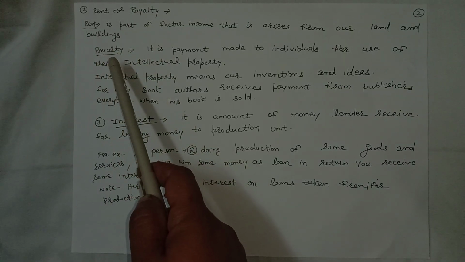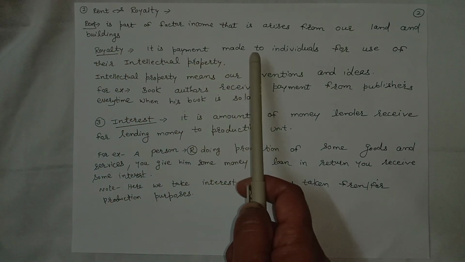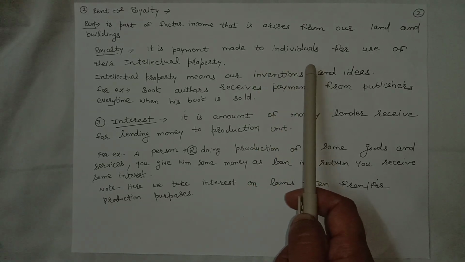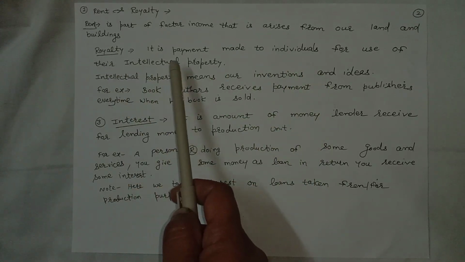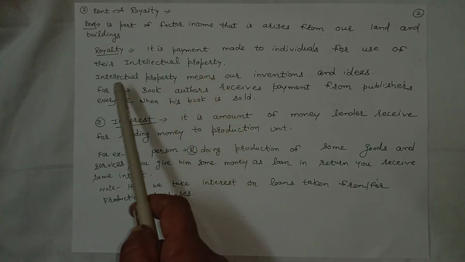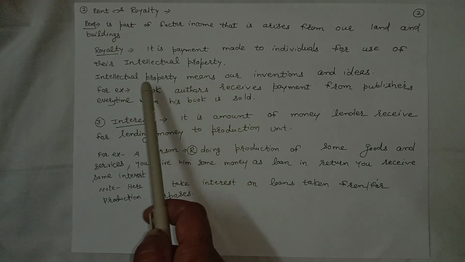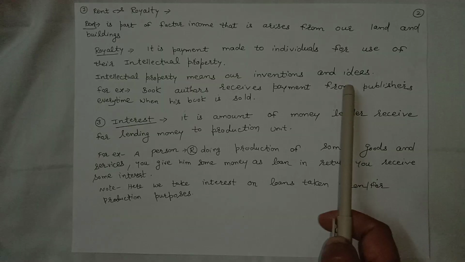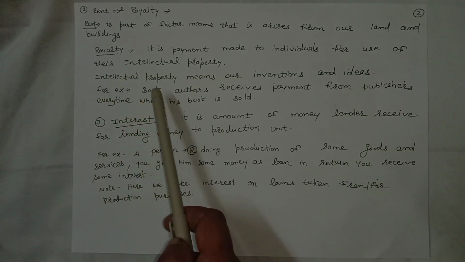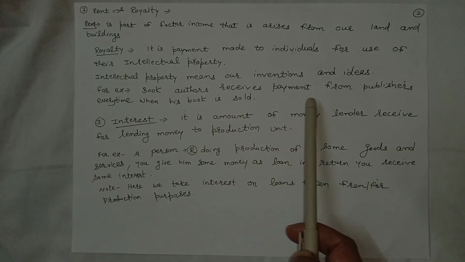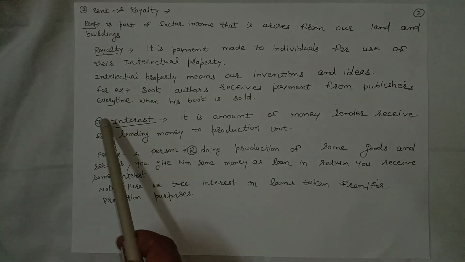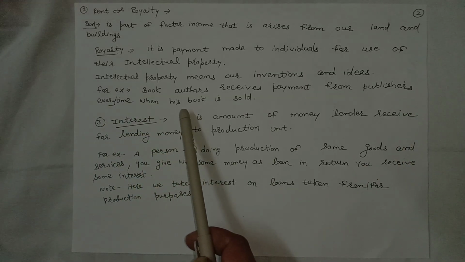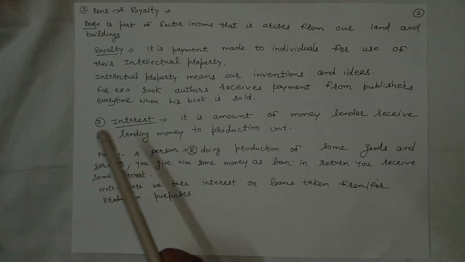What is royalty? It is a payment made to individuals for the use of their intellectual property. And what is intellectual property? That means our inventions and ideas. For example, book authors receive a payment from publishers every time their book is sold.